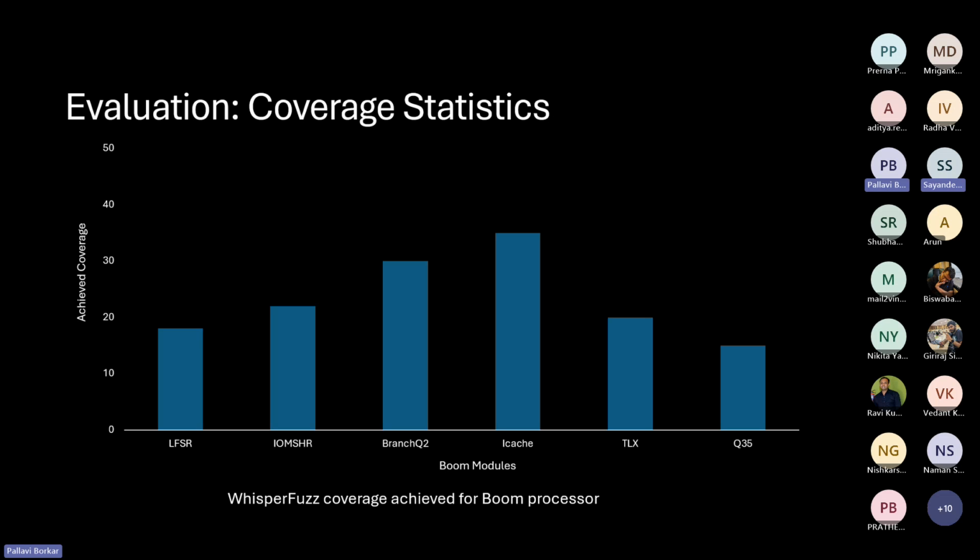The micro event graph tells you the various timing behaviors that your processor can have. If I understand it correctly, you are giving the inputs from the fuzzer to the RTL code, and that gives you a coverage report, which you map onto your micro event graph to see how many paths are covered, right?